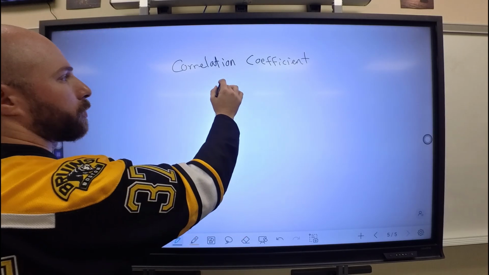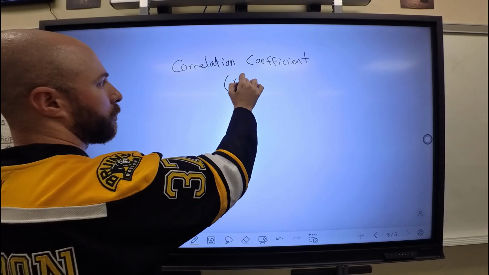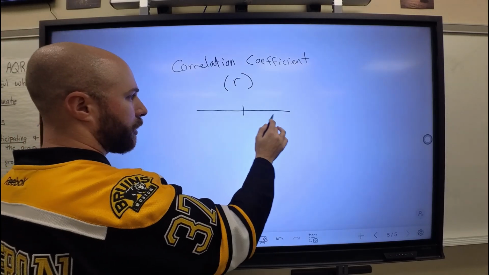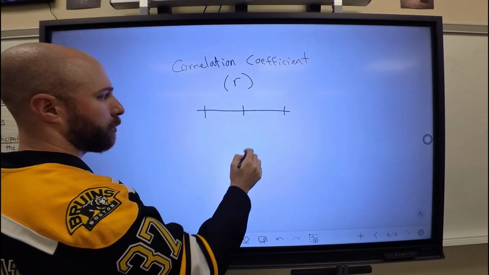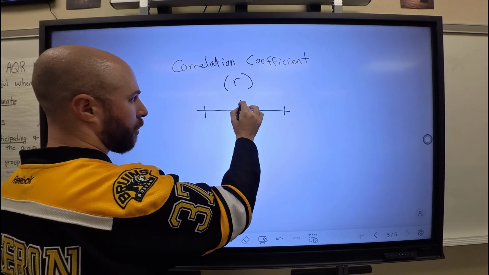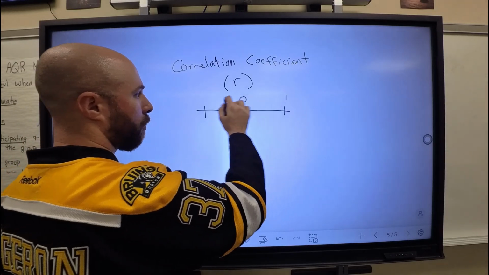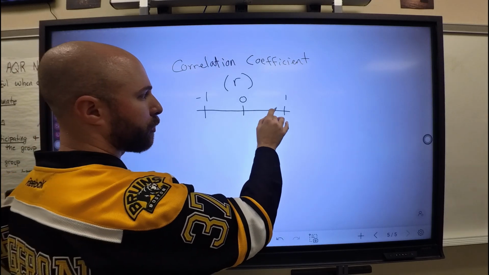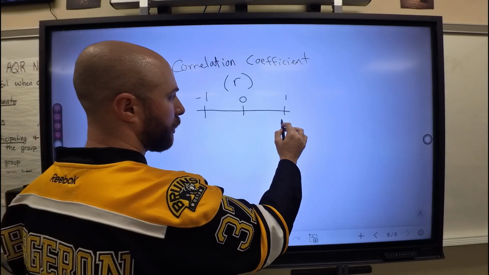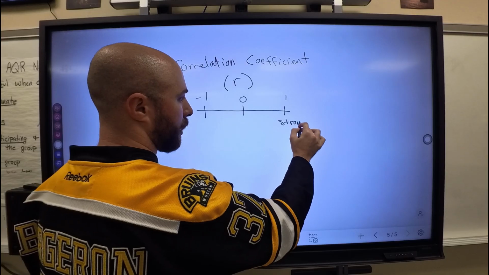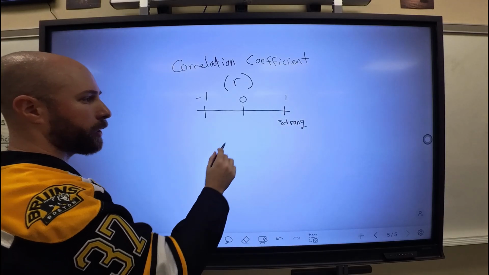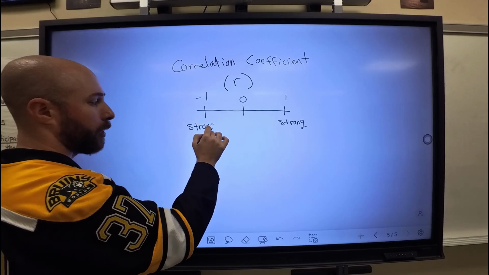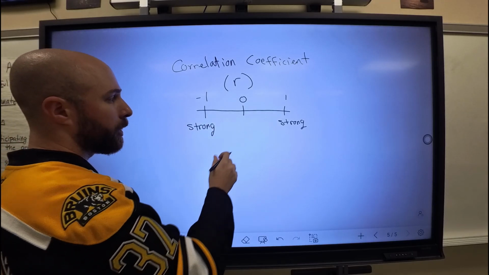Okay, so correlation coefficient, we are using the lowercase letter r to represent it. And with it, we have basically 3 things that we're looking at. Okay, are we close to 0, 1, or -1? The closer we are to +1, this is going to be a strong positive correlation. -1 is going to have a strong negative correlation.